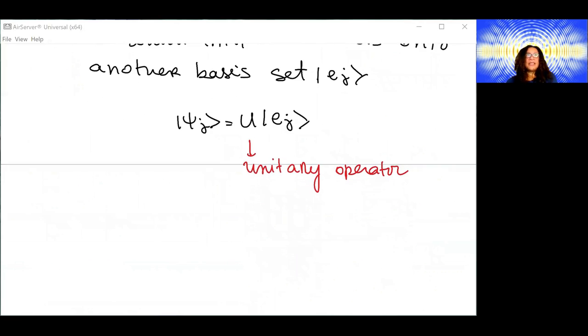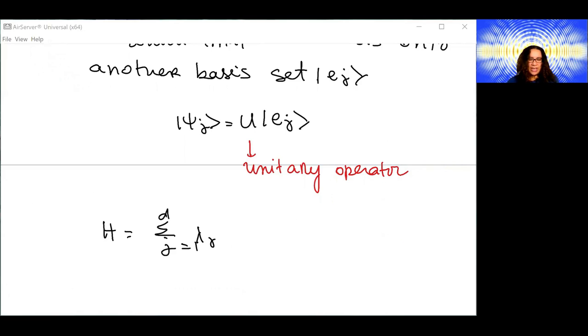So if we start from this Hamiltonian, let's write H is equal to the sum from j equals 1 to d of lambda j psi j bra psi j, and we know now how they should transform, right?